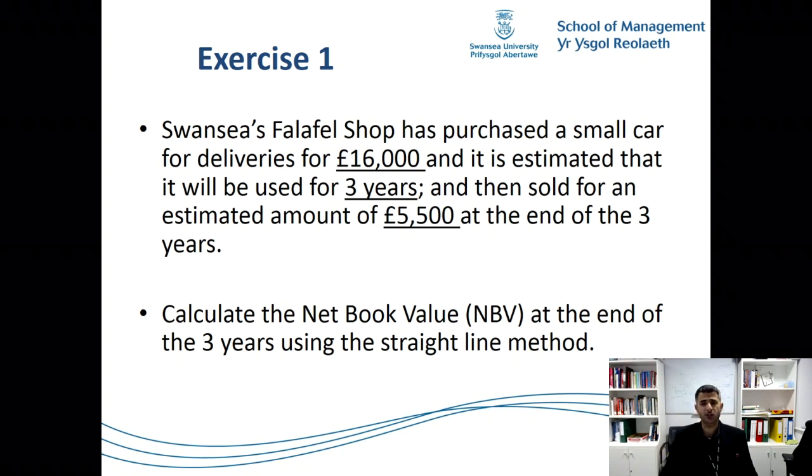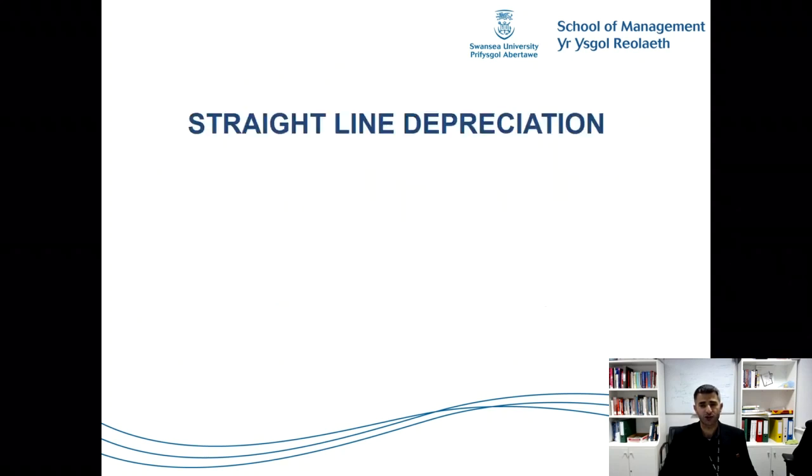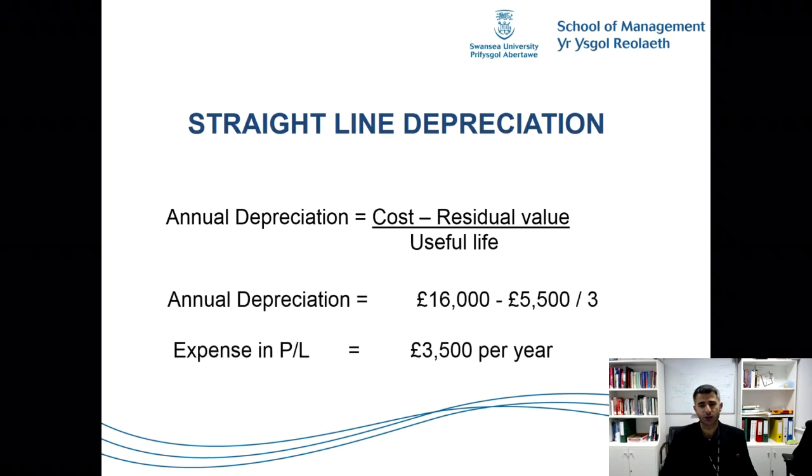So the question asks you to calculate the net book value at the end of year 3 using the straight line method. So let's apply the formula, which is cost minus residual value divided by useful life. So 16,000 minus 5,500 divided by useful life, which is 3 years, that comes to £3,500 per year.